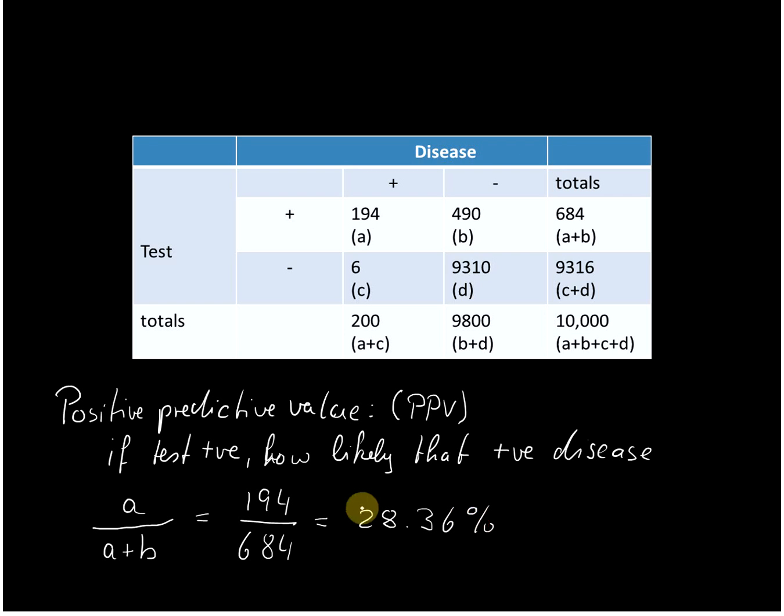Or in other words, you test positive, and you have a 28.36% chance that you actually are positive for the disease.